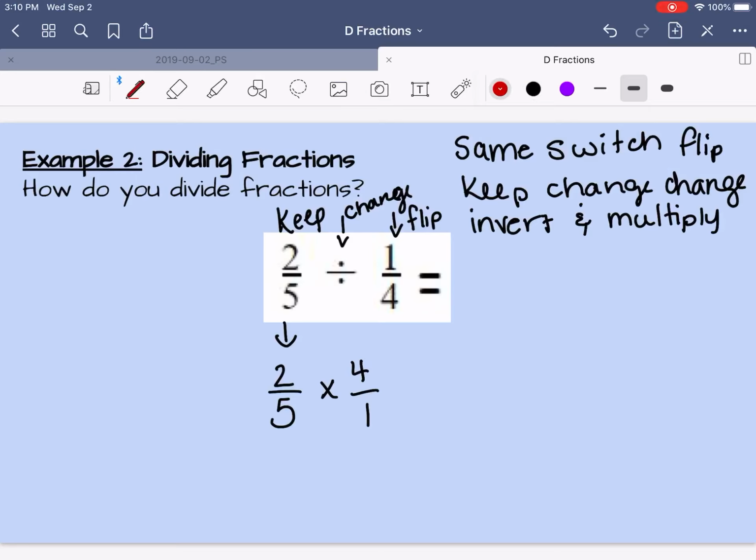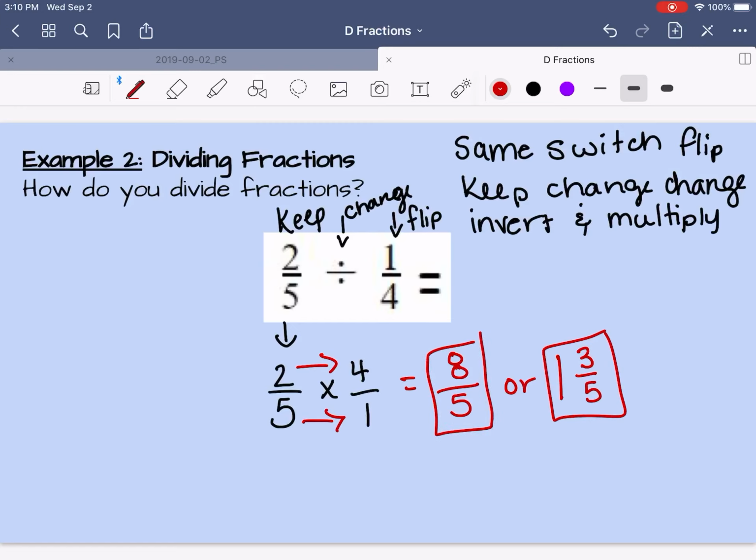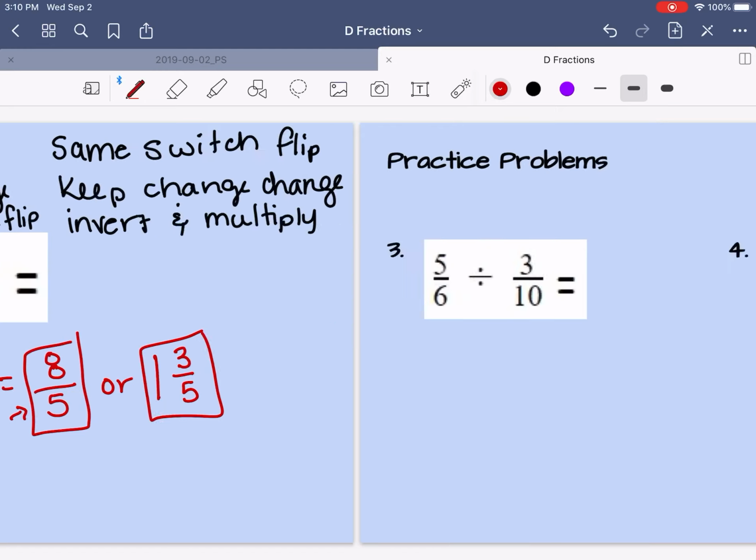Now you go back to multiplication and you do numerator times numerator and denominator times denominator and reduce if necessary. Now again, putting it into its mixed number, that's not really reducing. This improper fraction is reduced, so you can keep it like this or you can switch it to mixed number. Doesn't matter to me. Let's try some practice problems.